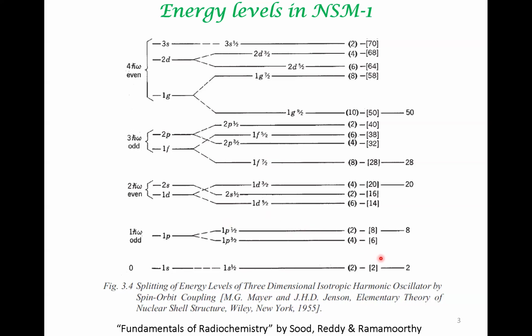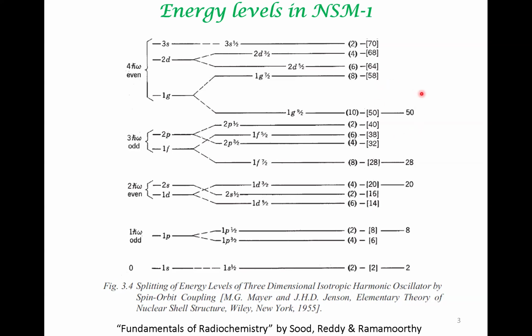What is important is the following: when capital N changes, from 0 to 1, or from 1 to 2, there is a jump in energy. So this level is much lower than the next level, and this level is much lower than the one after, and so on.